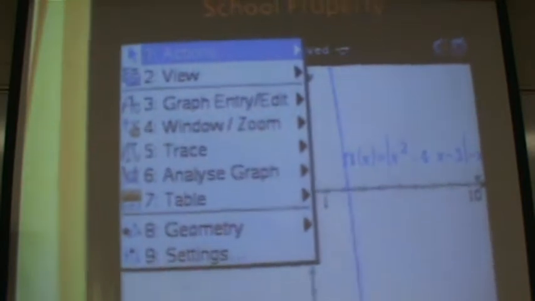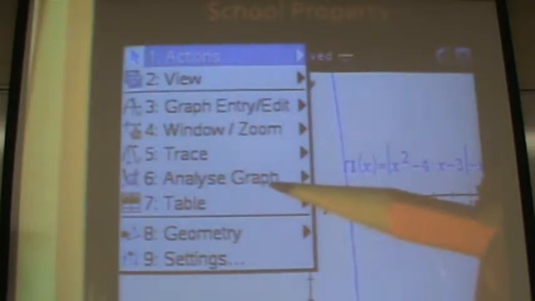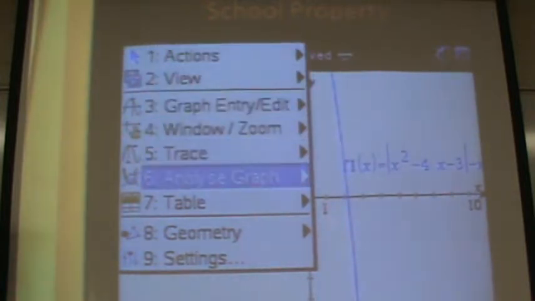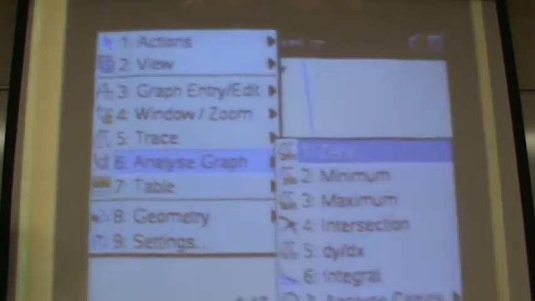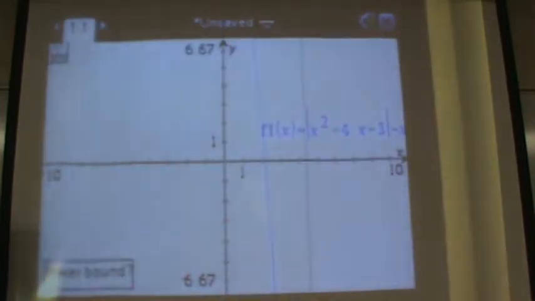So what you're going to do is hit menu. Everyone have the menu button? And you're going to analyze graph. And what do you think we're looking for? The 0. Hit that middle button.